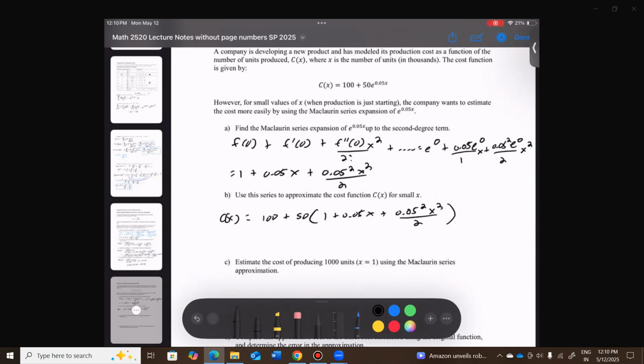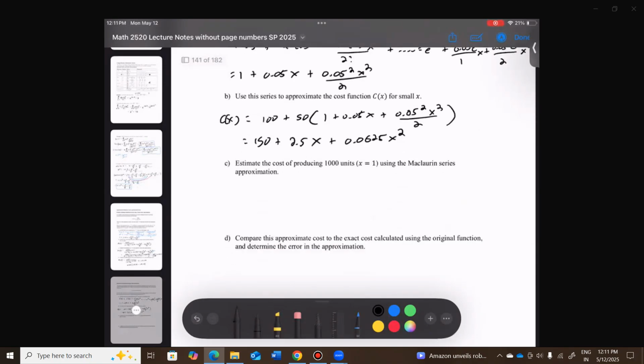So to use this series, C of x is 100 plus 50 times 1 plus 0.05x plus 0.05 squared x squared over 2. And so we'll distribute that 50, 100 plus 50, so we'll just make that 150, plus 50 times 0.05, which is 2.5 x, and 50 times 0.05 squared over 2, which ends up being 0.0625 x squared.